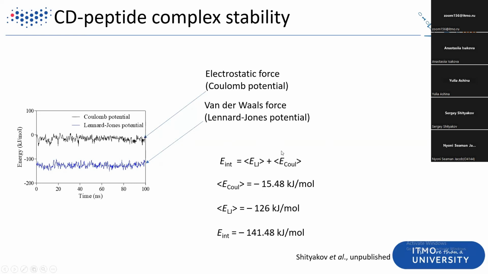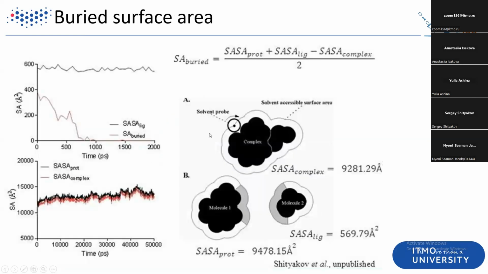You could calculate the interaction energy as a sum, and the interaction energy is presented here. If you have different systems, you could also compare different interaction energies to get some idea which ligand performs best in terms of binding.